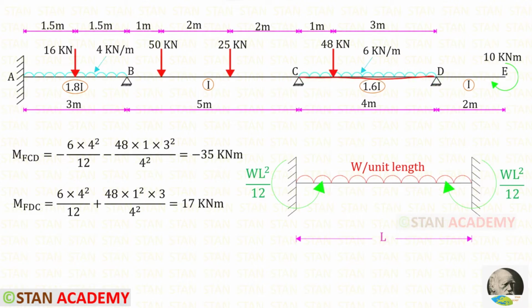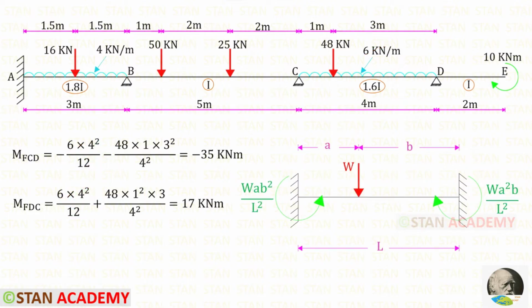In the span CD, we have a point load and uniformly distributed load. First, let us take the uniformly distributed load. We know the formulas to find the fixed end moments. Here W is 6 and L is 4.